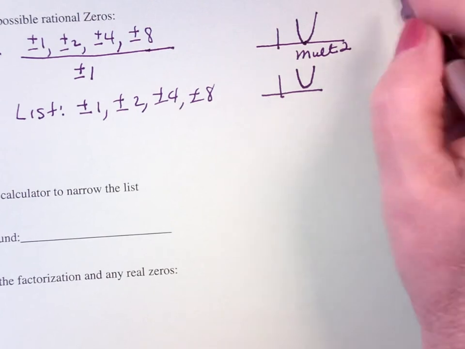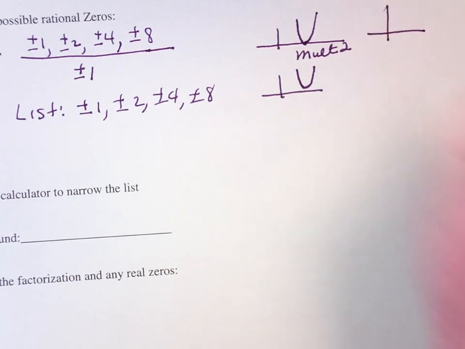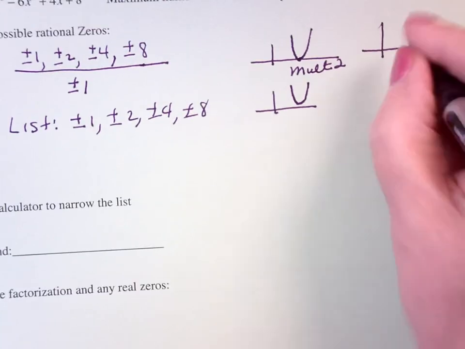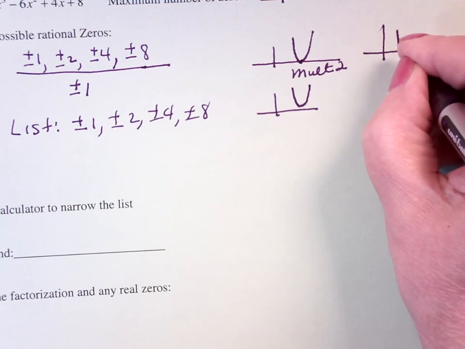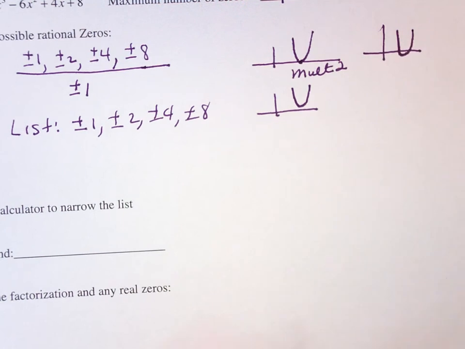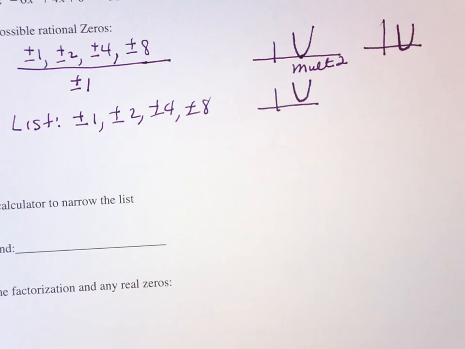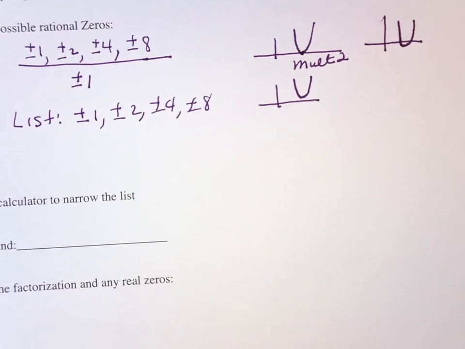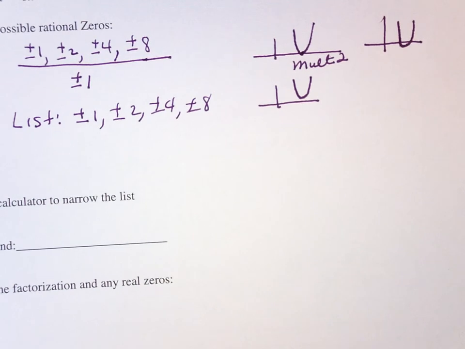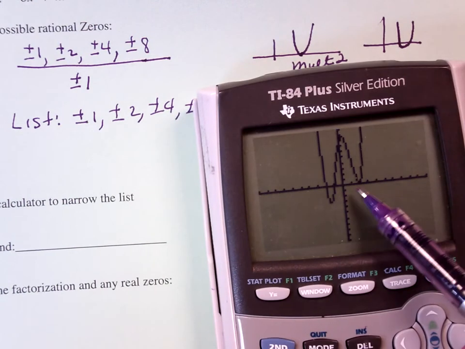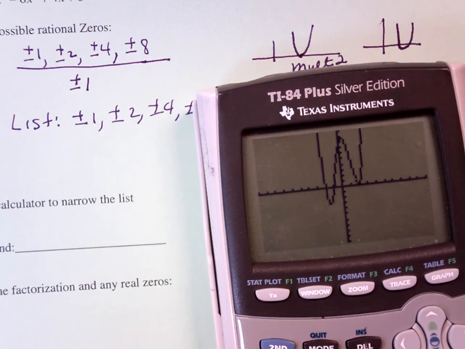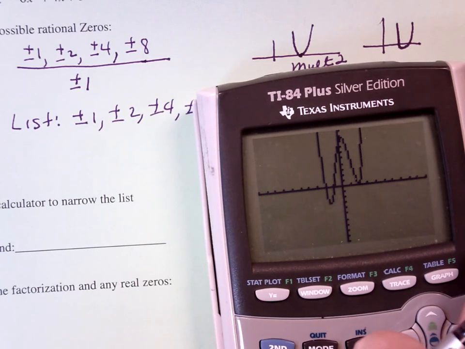The other thing it could do that I would not necessarily see is come down, cross just a little bit and go back up, and I can't see it. It just looks like it touches, but it actually comes down and crosses. There are lots of little subtle things it could do. That would give me the 2 that I see, and then there would be 2 that I don't see. I won't know until I check things out.